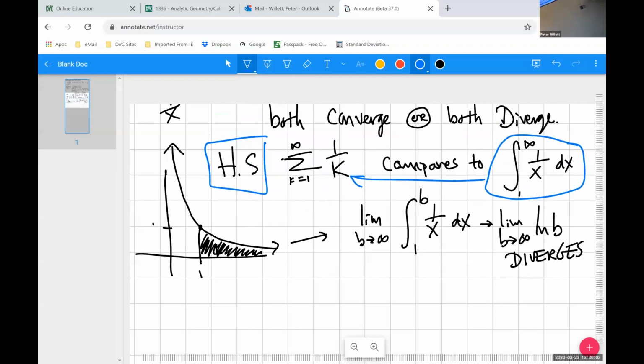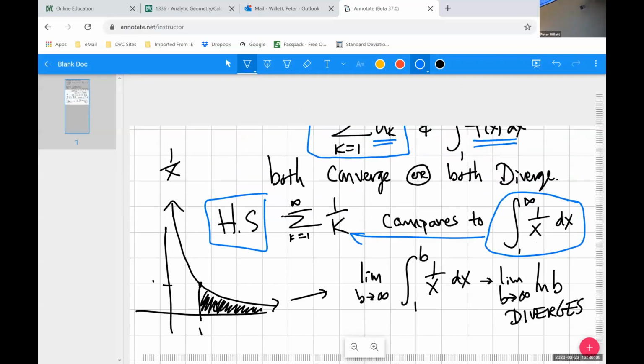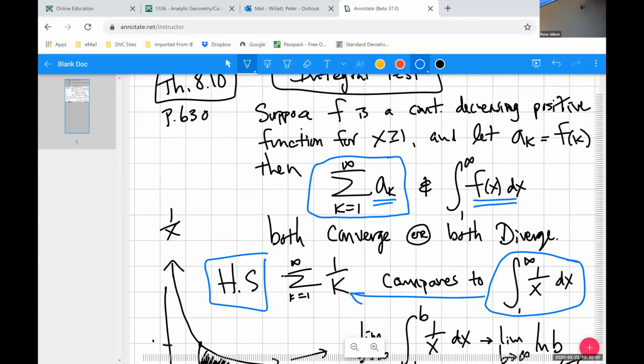Yeah, so the idea of how to apply the test is that you imagine you're looking at a series and you need to figure out if this converges or diverges. Well, the series will typically be presented with some sort of a formula for the kth term, right? Like 1 over k. So ask yourself, what if that wasn't a k? What if that was an x, and I had some function 1 over x?